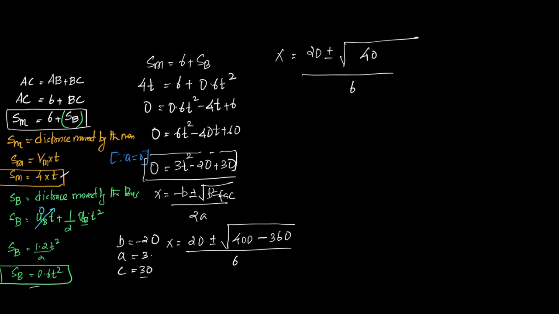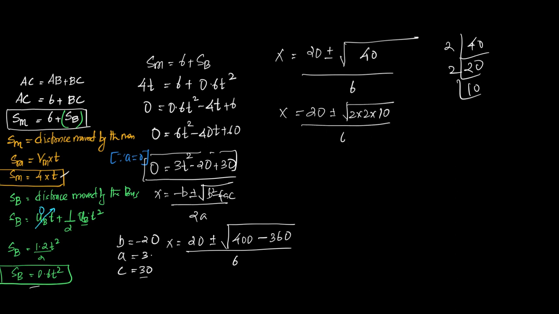Right? So 40, I can write it as 2, 20, 2, 10. So x is 20 plus or minus root of 2 into 2 into 10, the whole upon 6. So x is equal to 20 plus or minus root of 4 into root of 10, whole upon 6.